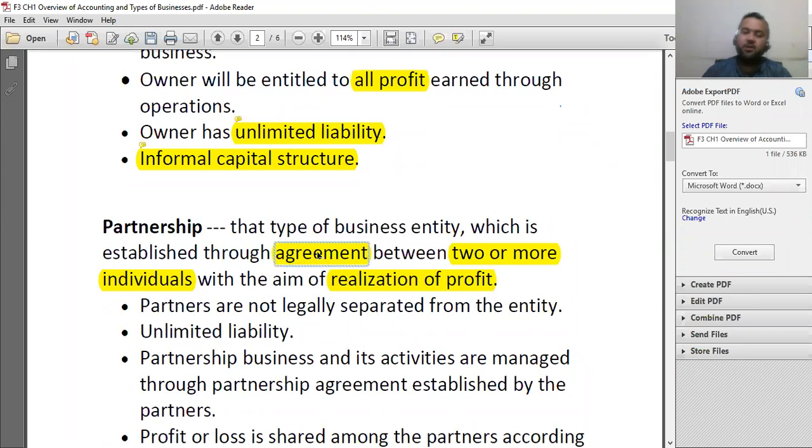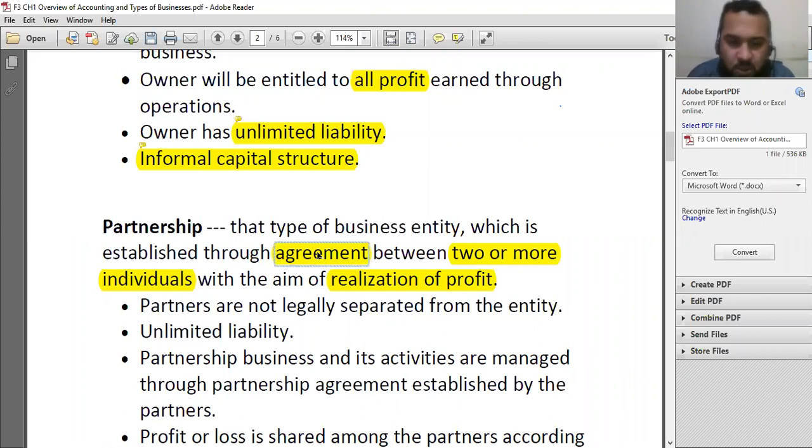In the partnership agreement, you will specify all the points through which the partnership business will move on. Who will be the partners? Clear. How much amount they should bring to the business to start the partnership. Clear. When someone can leave the partnership, when someone can join, how the profit will be shared, who will be responsible for which activity.